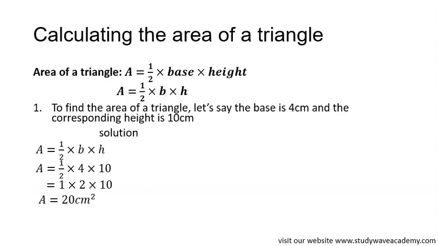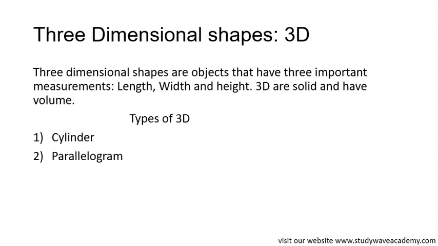So we've looked at how to calculate the perimeter of a triangle and how to calculate the area of a triangle. So I'm sure if we see a question on that, we are going to be able to answer them, right? Good. So next we are going to be looking at three-dimensional shapes. Remember, we just looked at two-dimensional shapes.